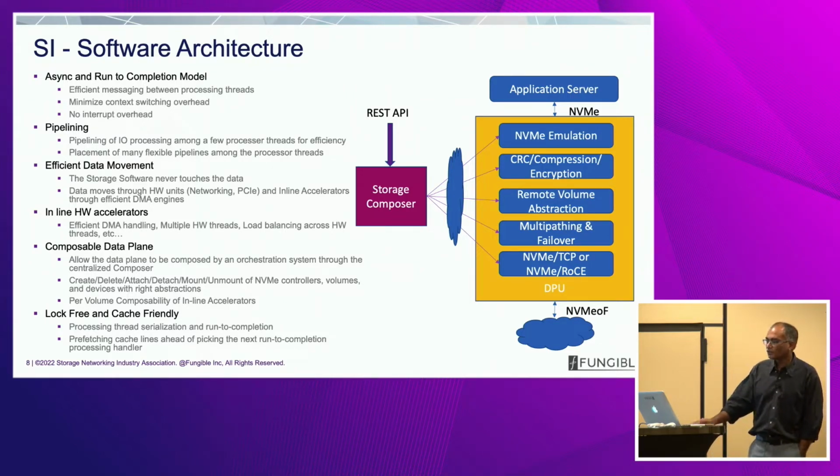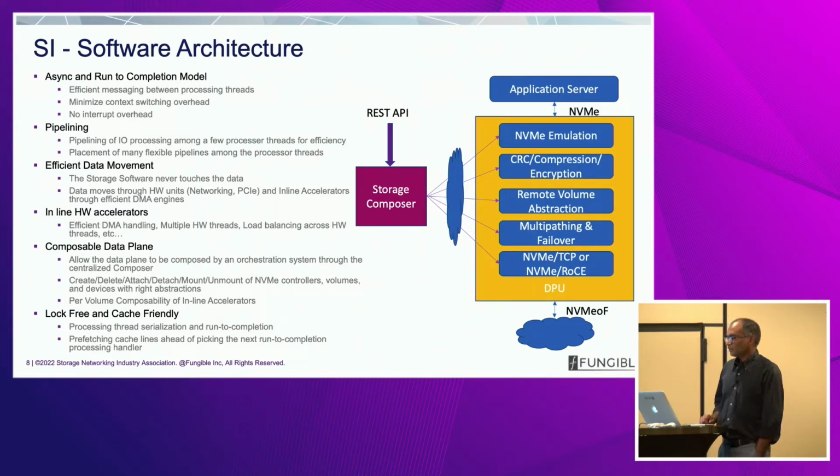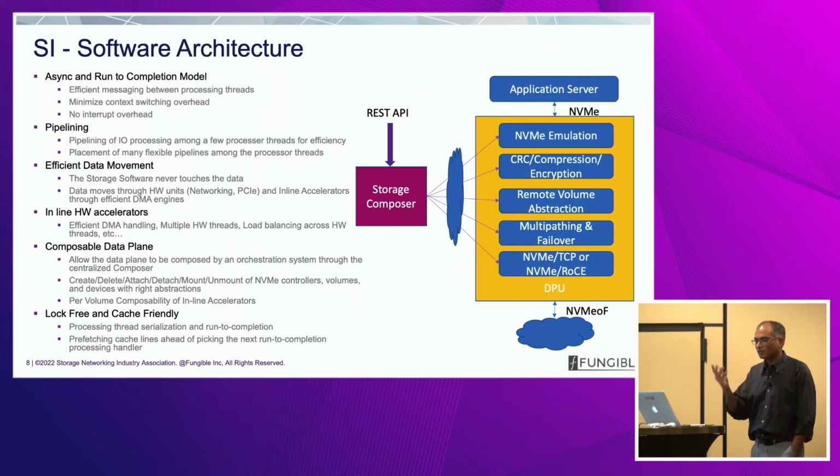It is an async and run-to-completion model. So each processing thread, or VP, is in a tight loop. The operating system is very simple: every processing thread is in a very tight loop, taking the incoming work, doing the work and dispatching some work out, or completing the work, right? So there are no stalls there.